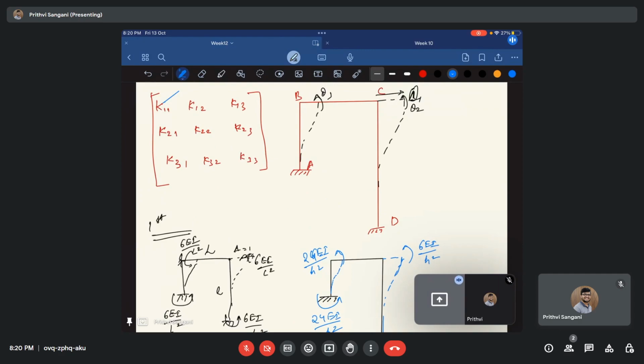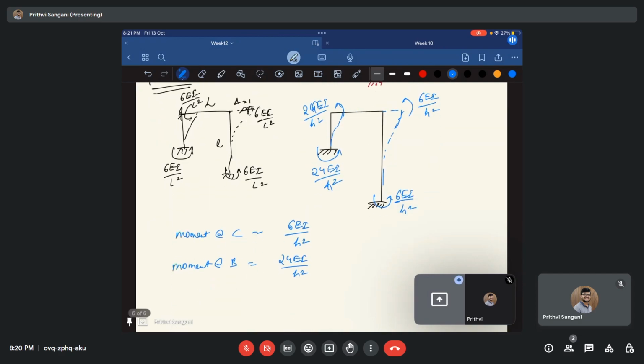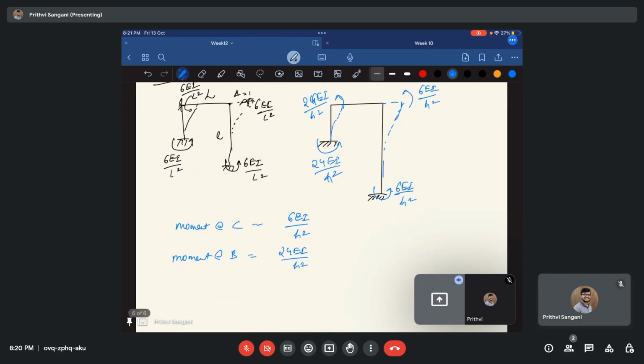K11 is the force in the direction of degree of freedom 1 when you apply a unit displacement in the direction of degree of freedom 1. So this is 6 EI and this is 6 EI. And what about this? See, this is 6 EI. 6 EI plus 6 EI, you have 12 EI.